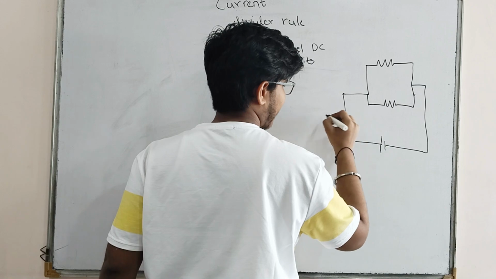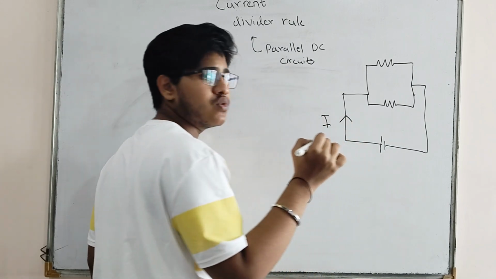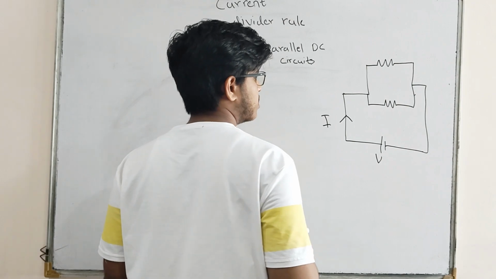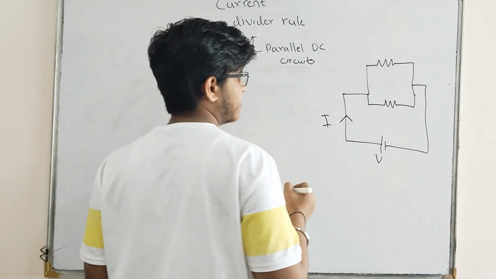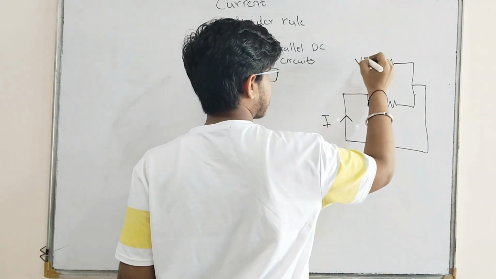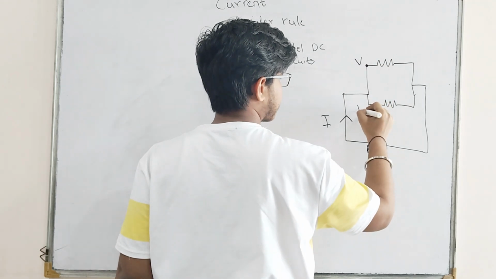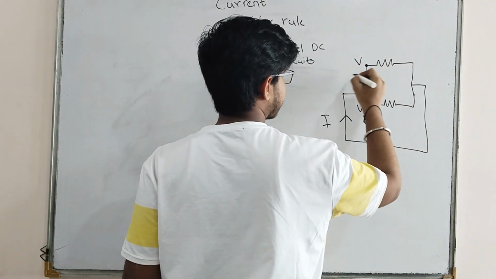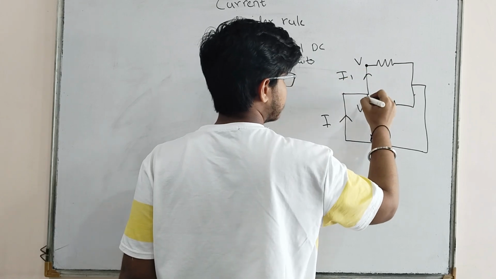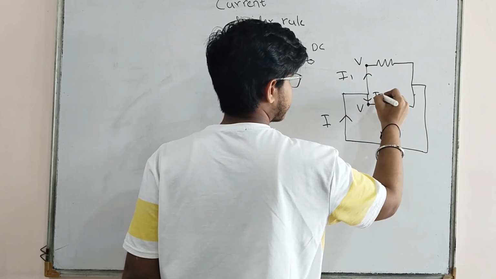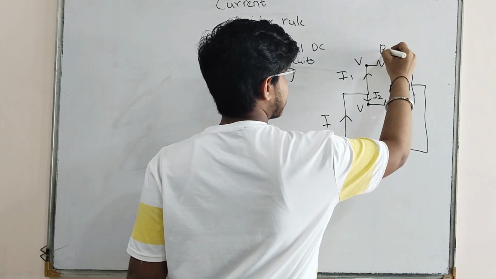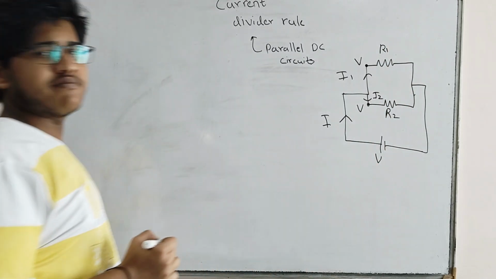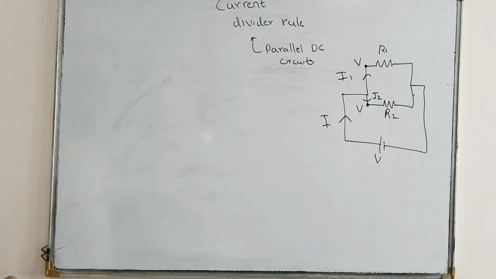Okay, so capital I is the current flowing through this main branch. V is my source voltage. Now in parallel circuit, the voltage across this terminal and this terminal is constant. What varies is the current, which is here. Let us consider I1 and here I2. Let this be R1 resistance and this be R2. Okay, so this is our circuit diagram.